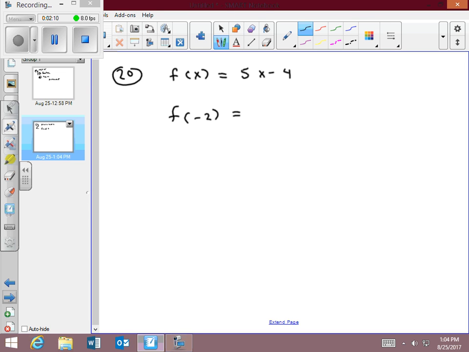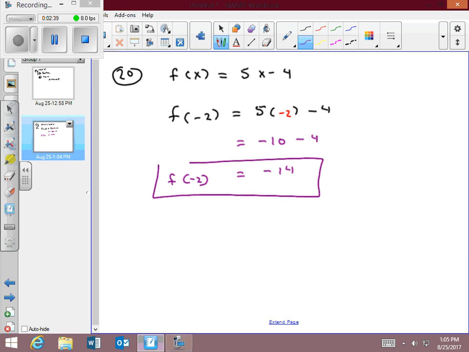So what that's saying is that you take the f of x function, but in every place an x appears, what do you put? Minus 2. Then you evaluate it from there. That makes this 5 times minus 2, which is minus 10, minus 4. So this is minus 14. So f of minus 2 is equal to minus 14.